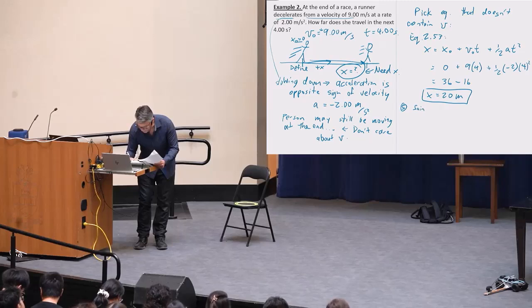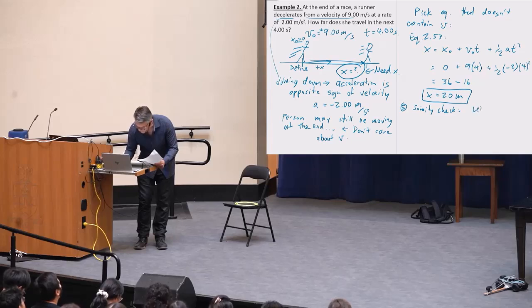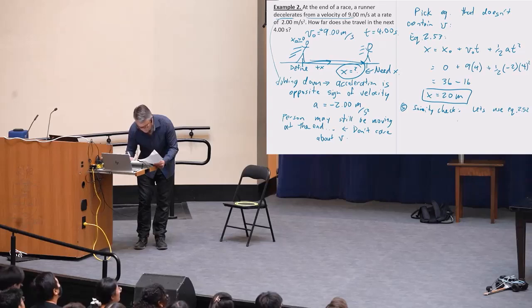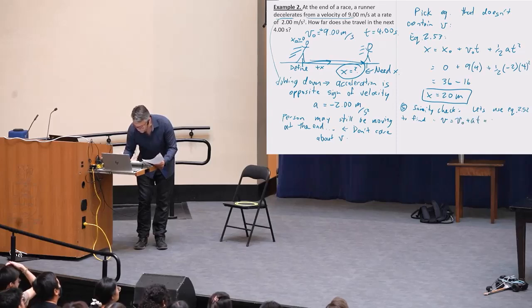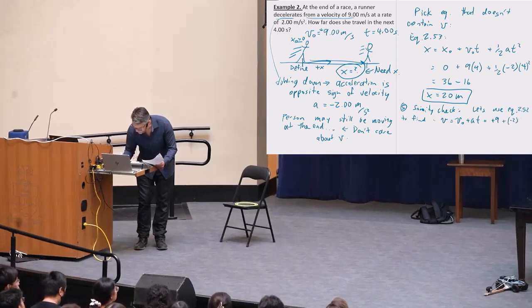My last step, maybe I'll call it a sanity check, asks does this make any sense. Let's use the equation for the final velocity, because I'm curious about the final speed: v is equal to v0 plus a times t. So it's plus 9 plus negative 2 times 4.